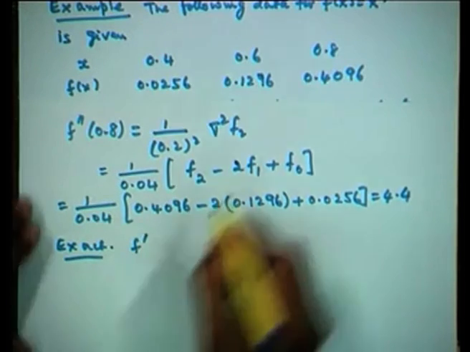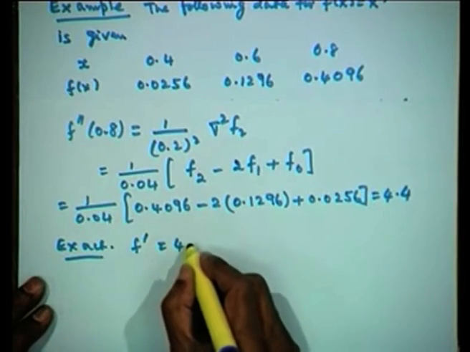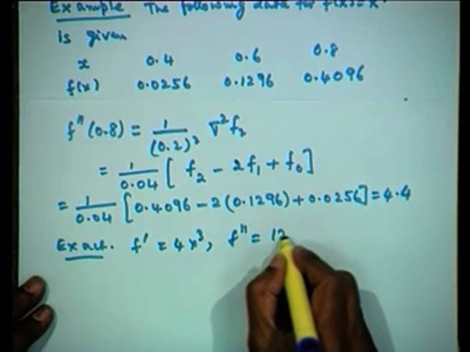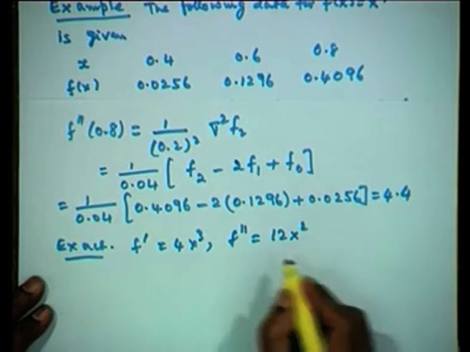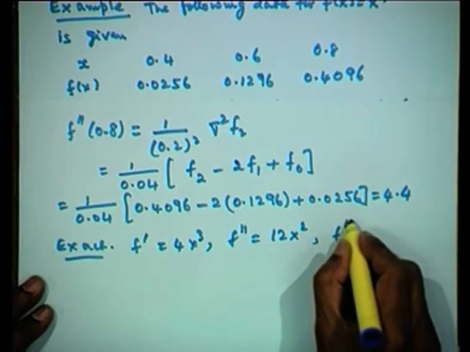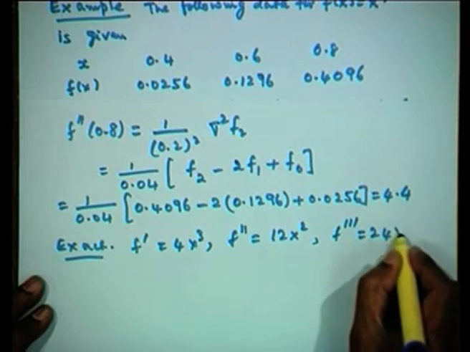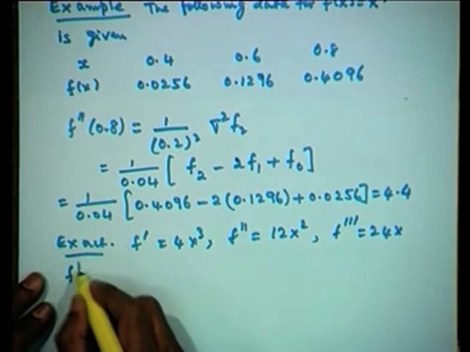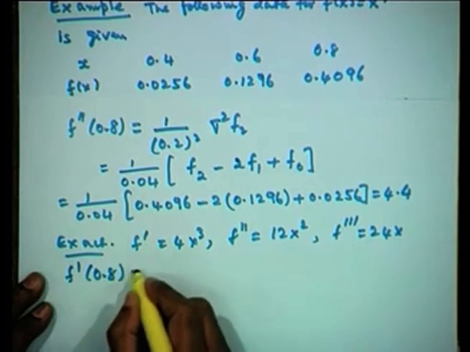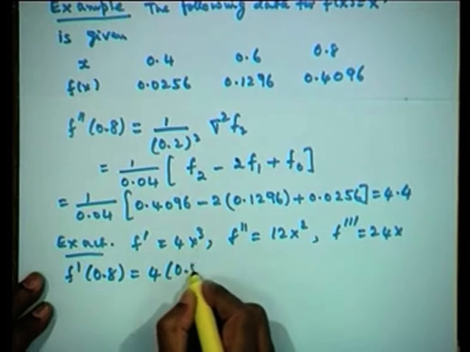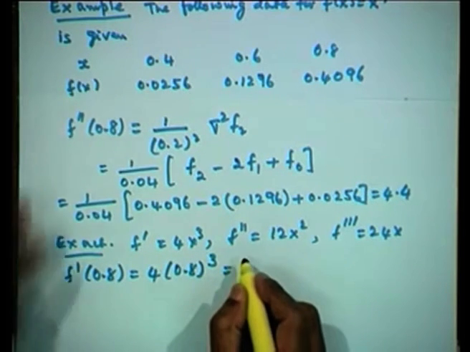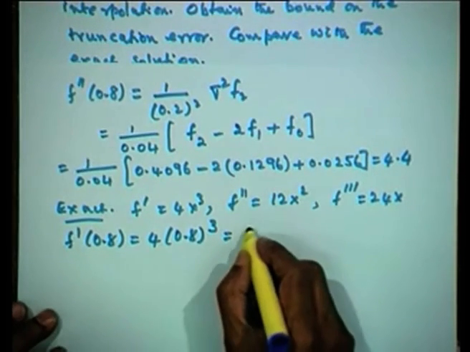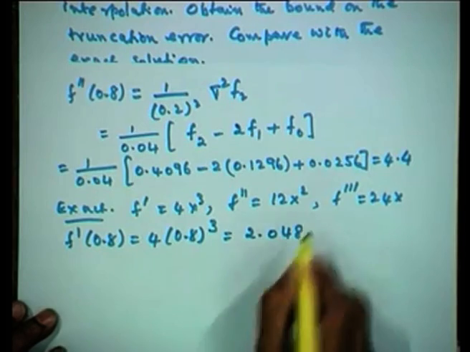Let us differentiate: f dash is 4 x cubed, f double dash is 12 x squared, and for the error let us write down the third derivative, that is 24 x. Therefore, the exact f dash at 0.8 is 4 times 0.8 whole cubed, that is 2.048.